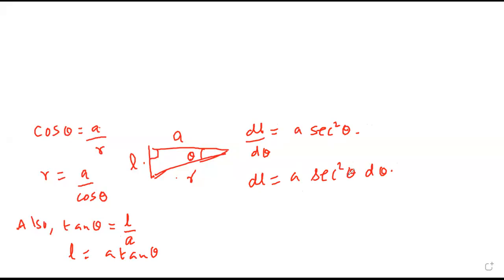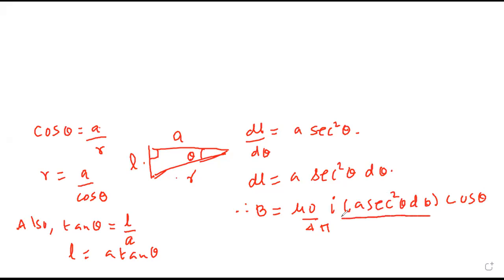Now my variable dl comes in theta, and variable R also comes in theta. So I can say therefore B is mu naught upon 4 pi I, dl is A sec square theta d theta, into cos theta, upon R square, which will become A square upon cos square theta, integrating from minus phi 2 to phi 1.